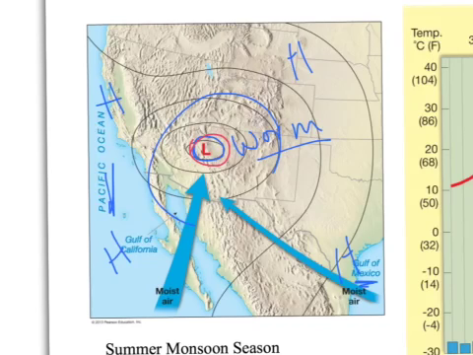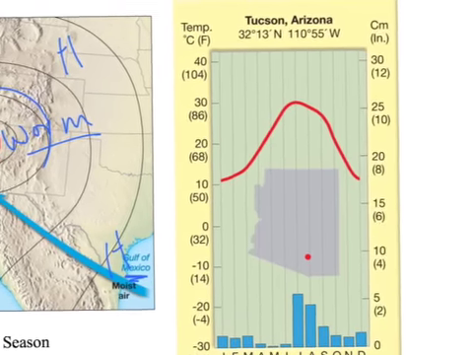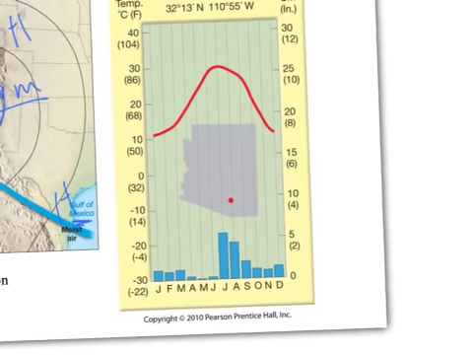And if there's moisture, if there's vapor in the air, it will cool to the point of condensing, and so you'll get clouds and maybe even precipitation. So let me move over just a little bit. That would be a lot of precipitation in the summertime, and like the previous slide says, it peters out maybe about September.